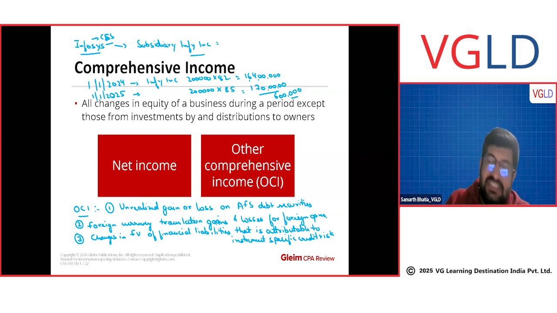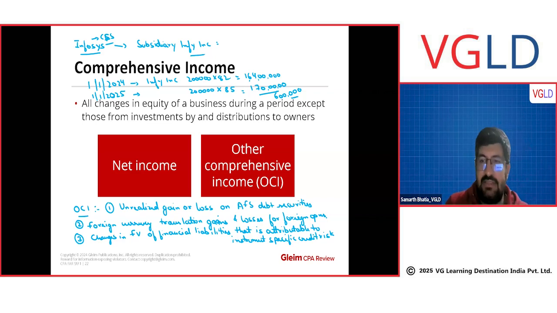When the value of the bonds is increasing and decreasing because of the credit risk, whatever the increase or decrease will be there: if the financial liability is increasing, it is a loss. When the financial liability is decreasing, it's a gain. So it should be reflected as a part of other comprehensive income.